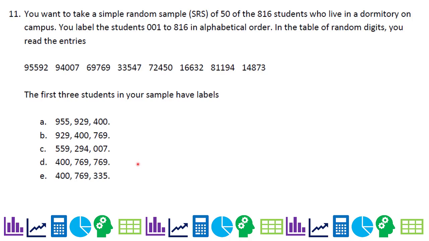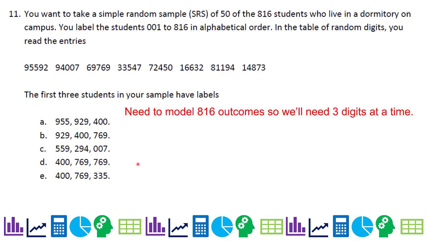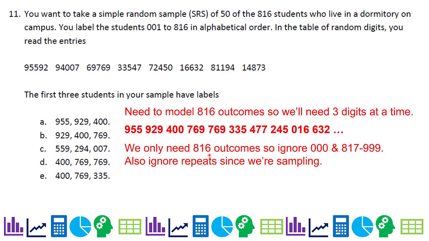3 is sufficient. So first of all, I need to model 816 outcomes. So we'll need 3 digits at a time. So I'm going to rewrite the line broken up into 3 digits. We have 955, 929, 400, 769, 769, 335. Now, we only need 816 outcomes.